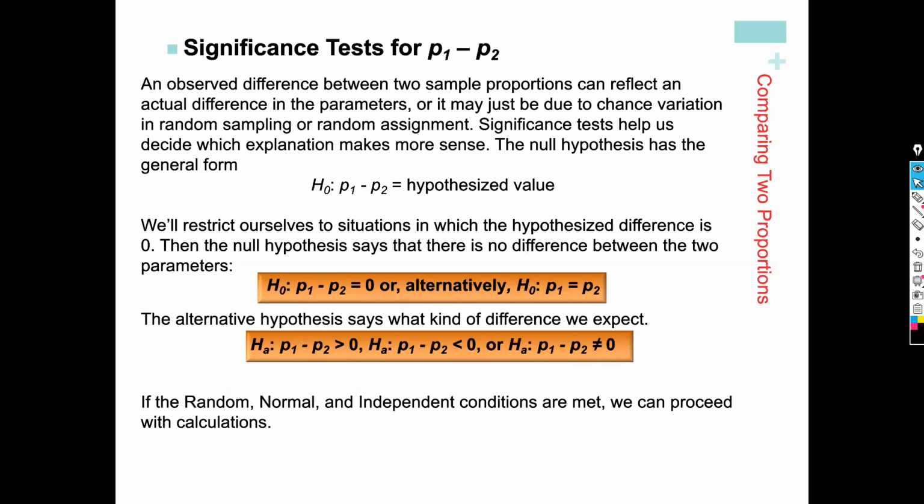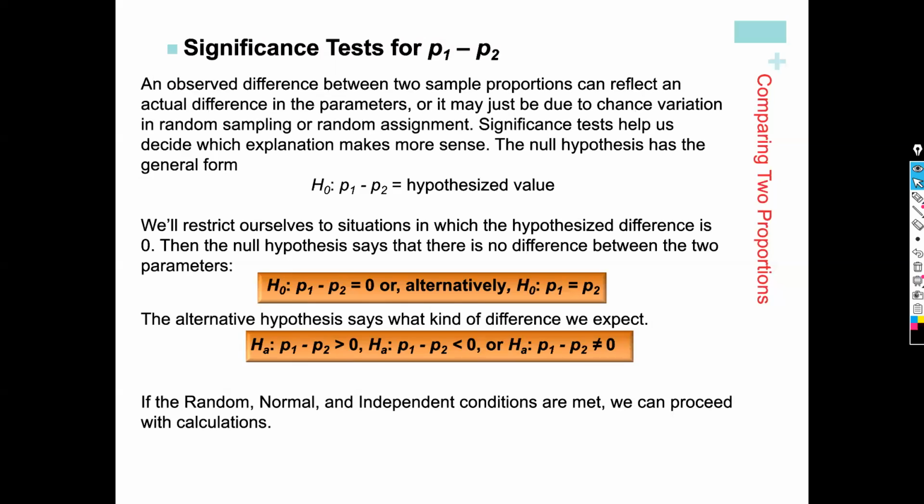So that means that our null hypothesis, our statement of no difference, is that the two proportions are the same, that they are equal. And so you can either state that your null hypothesis is that P1 is equal to P2, or that P1 minus P2 equals 0.